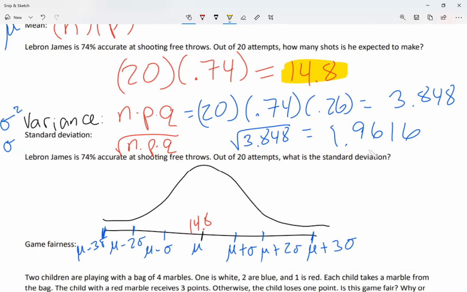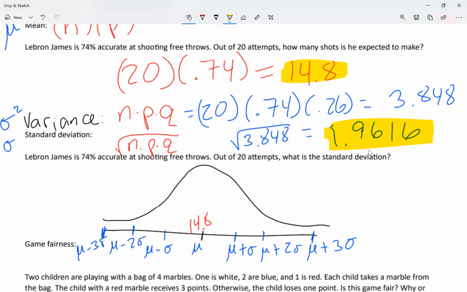But I also learned that my standard deviation is 1.9616. Now, if I asked you, let's say 95% of his shots, I'm 95% sure that he's going to make how many shots?